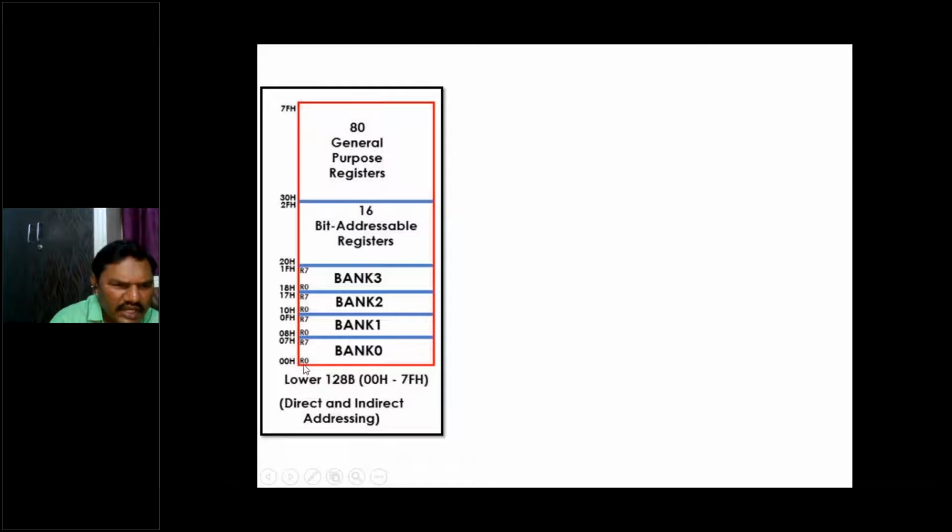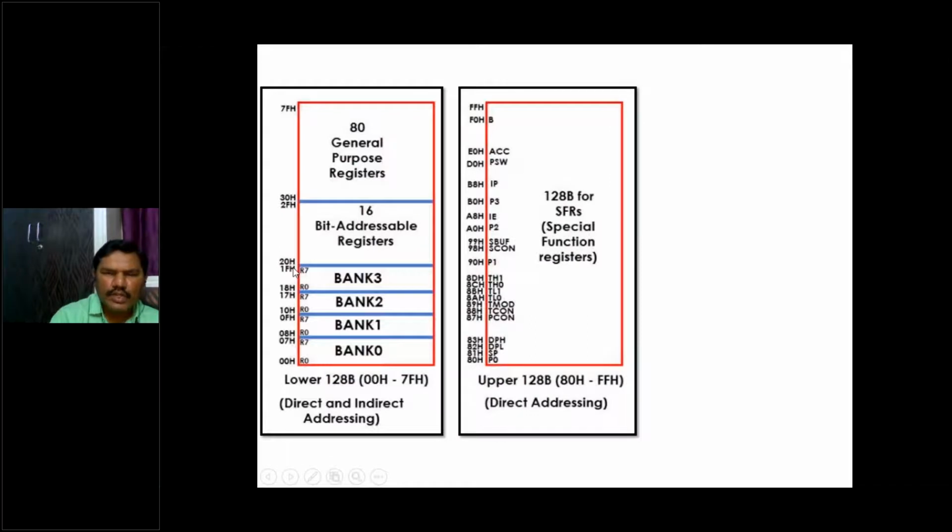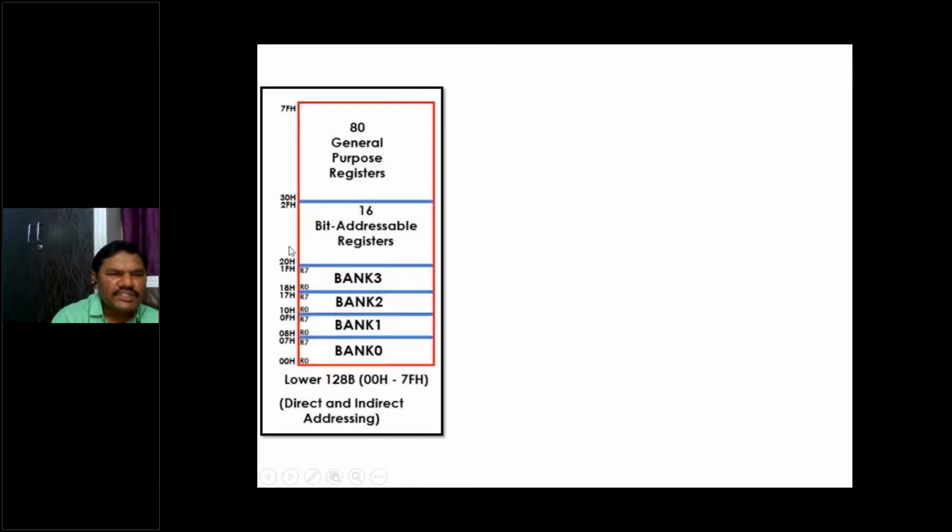See, after R7 they have not written R8, and after R15 they have not written R16, but internally they have written R0 to R7, R0 to R7, like that only. And the remaining 16 bytes are 20 to 2F. Here 2 is common, but the second digit is 0 to F, which means 16 values, because F is equal to 15.